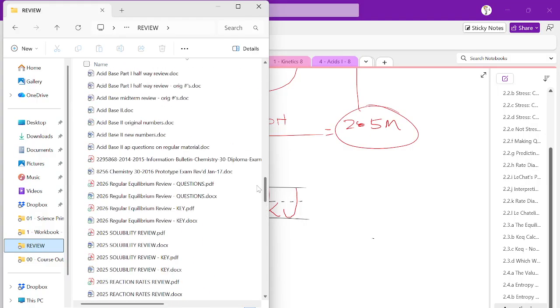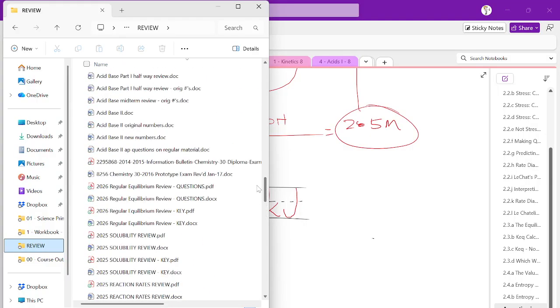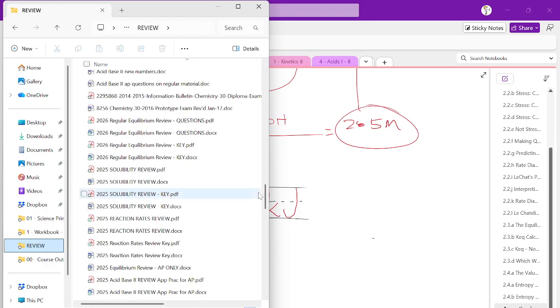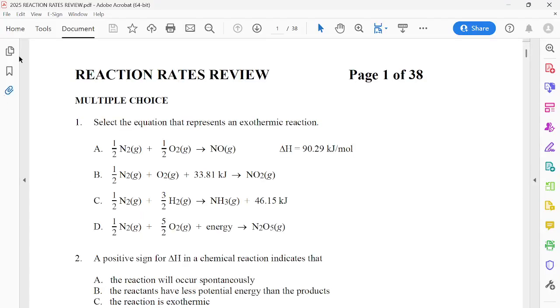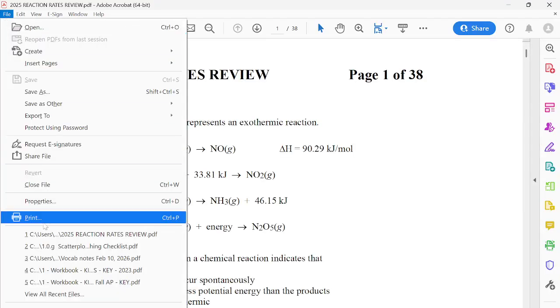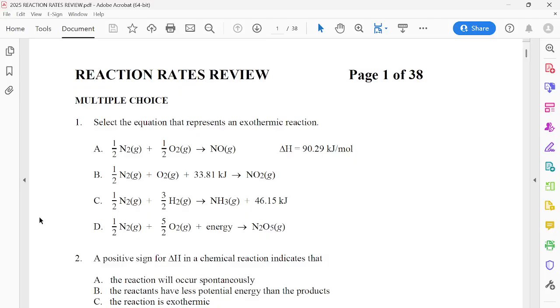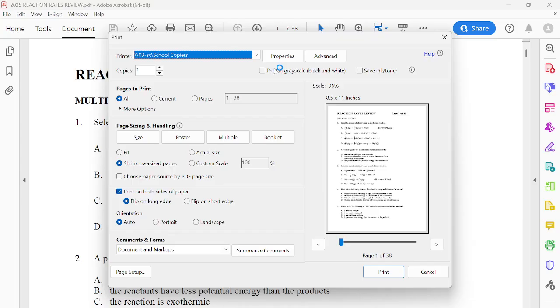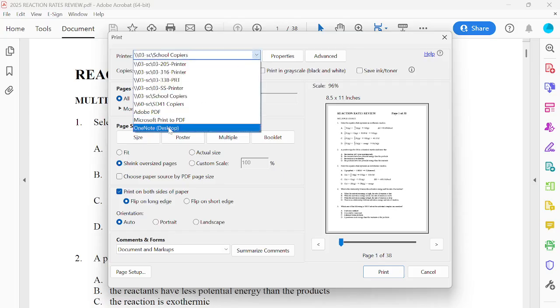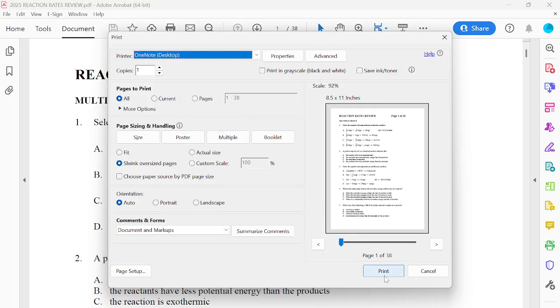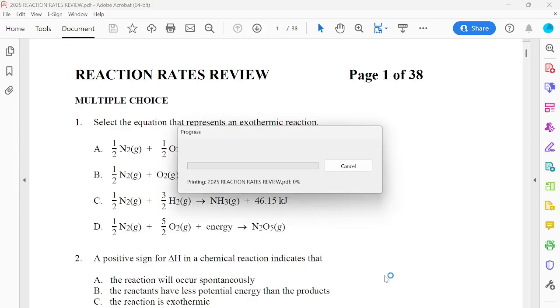Do I have a 2026 or am I just 2025? Just 2025. Okay. Nobody? Okay, I'm going to print it anyway, because on Monday, I will expect you to have questions. Because your test is on, or not Monday, Tuesday, because your test is on Wednesday. Okay, and I don't want school copiers, I want OneNote. Print. There we go.